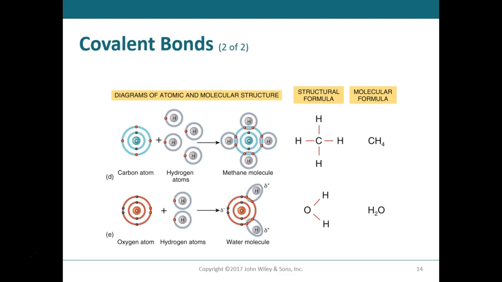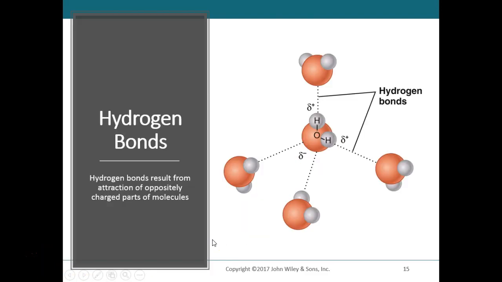Polar covalent bonds of water allow it to dissolve a lot of molecules that are important to life. The bonds between nitrogen and hydrogen and those between oxygen and carbon are also polar covalent bonds. We'll talk more about the importance of water and the polarity of that later in this particular discussion as well.